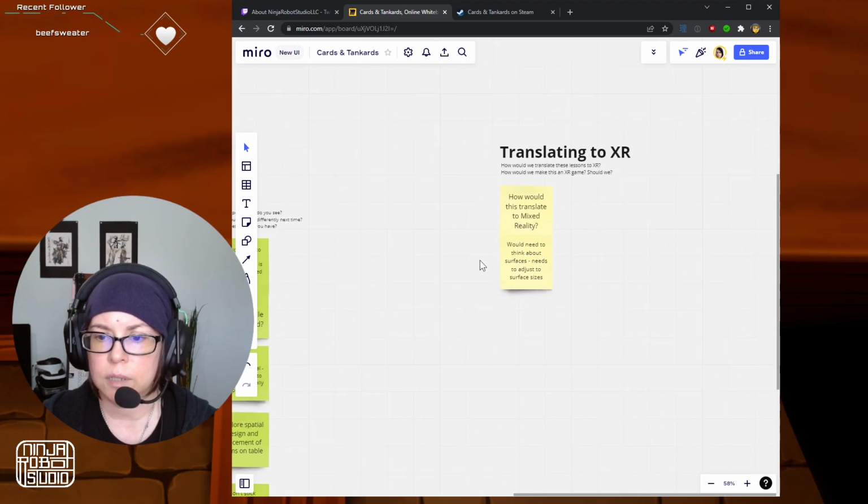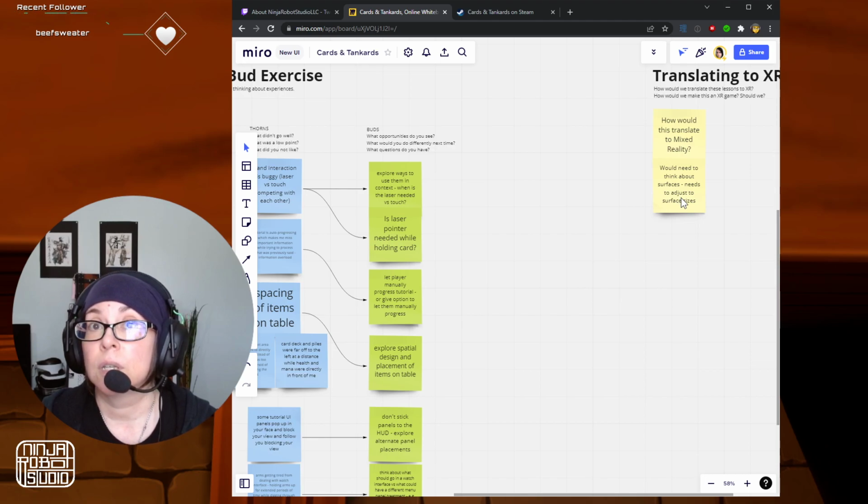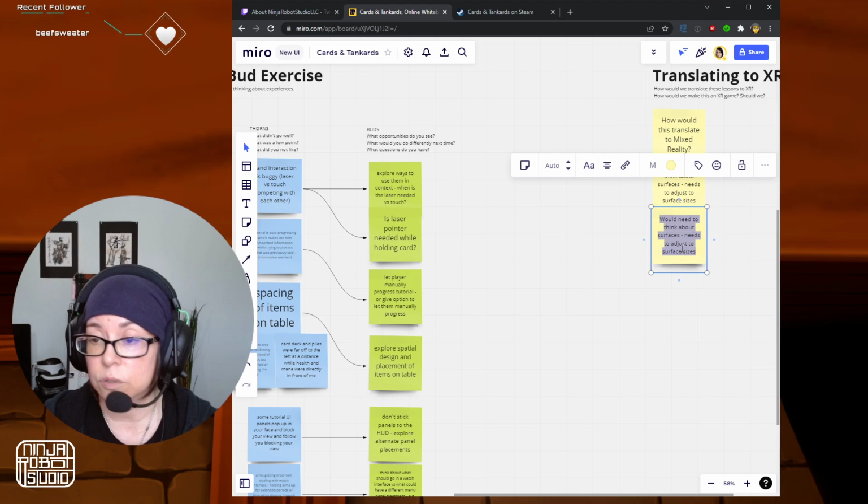So yeah, if you want to have a little side project there, you could think about how would that translate. You want to think about surfaces. Your controls would be different, depending on the headset you're going with.